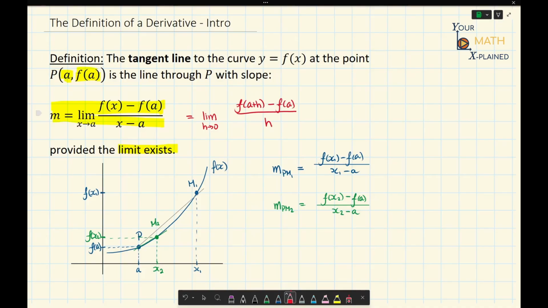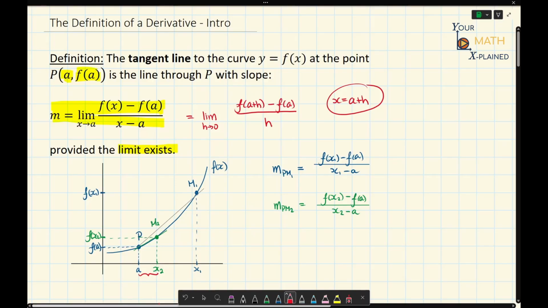All this is doing is that instead of having another x value, we're saying that x is equal to a plus h. So on the diagram, that would mean the distance from a to our x value, that would be the distance h. So this is essentially saying that we're shrinking this distance here until it becomes 0, and that is going to give us the slope of the tangent line.